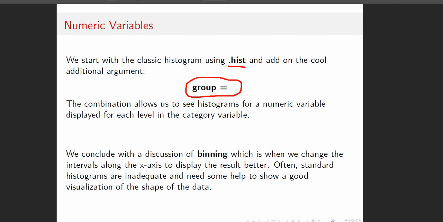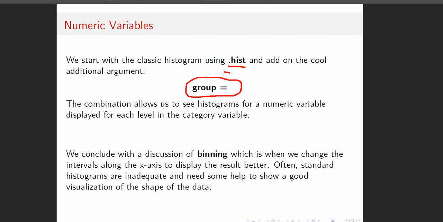So let's say we have a couple of groups like, I don't know, freshman, sophomore, junior, senior, right? We can actually do group equals and the class in school variable. If we name that one, then it'll actually create a histogram for each of those four classes, and it will overlay them on top of each other. So we're going to see this.